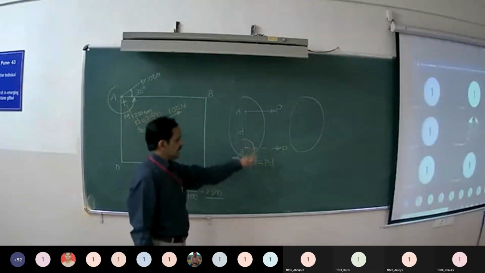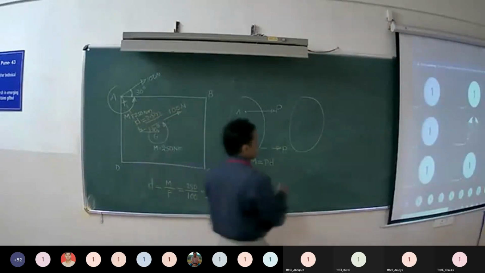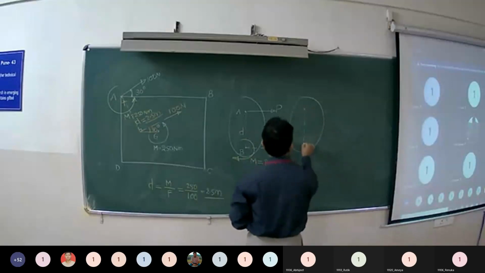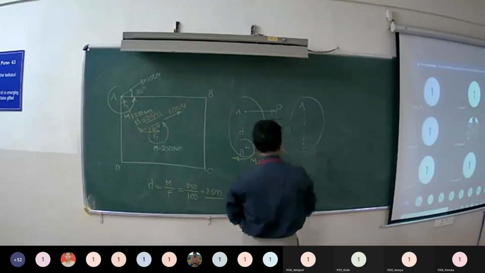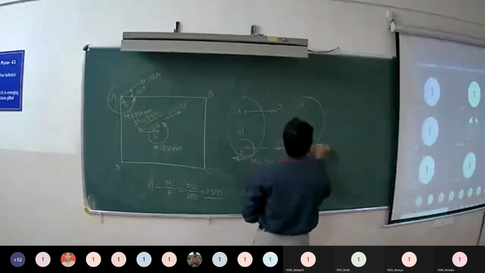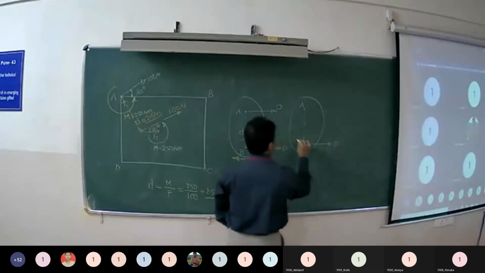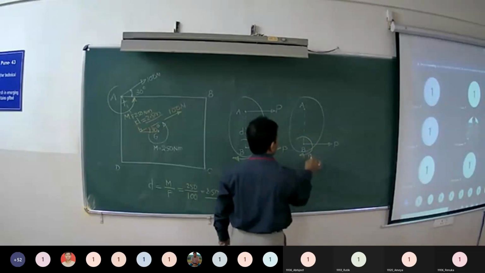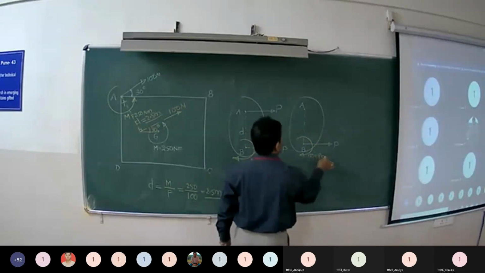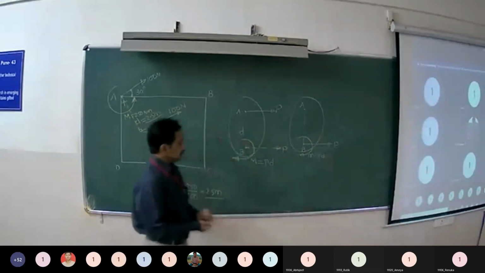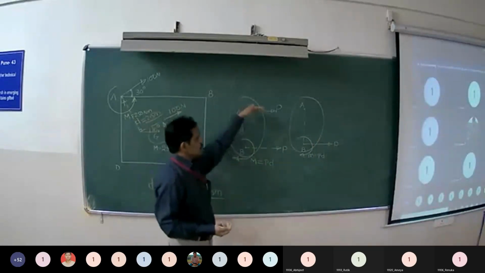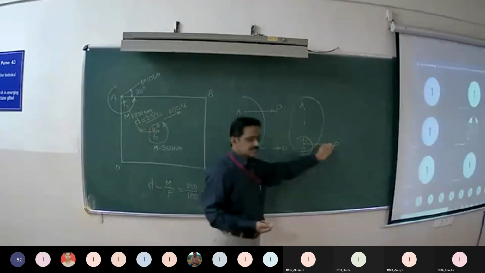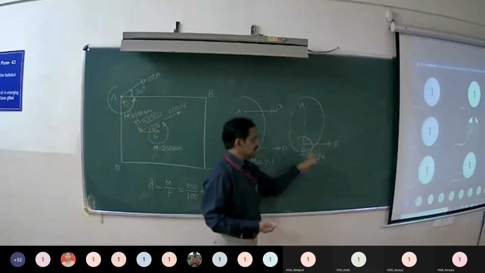At B now, force and couple are acting. Now consider another figure. Now you are having force P at B along with a clockwise couple of P into D. Now when you transfer force P from A to B, this is the resultant. You are getting force and couple.